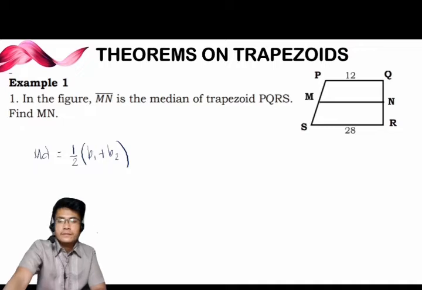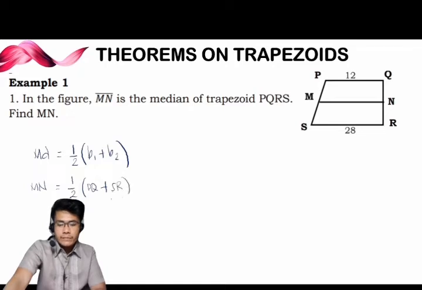Alright? Median is equal to 1/2 times the quantity of b sub 1 plus b sub 2. Now, the median is the segment MN, times 1/2 b sub 1. Let's say b sub 1, the side PQ, and then b sub 2 be the side SR.